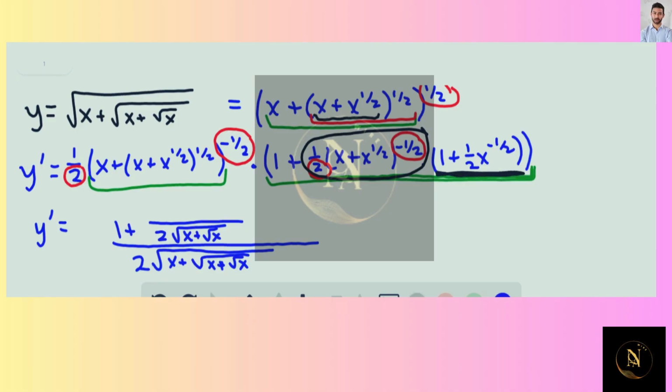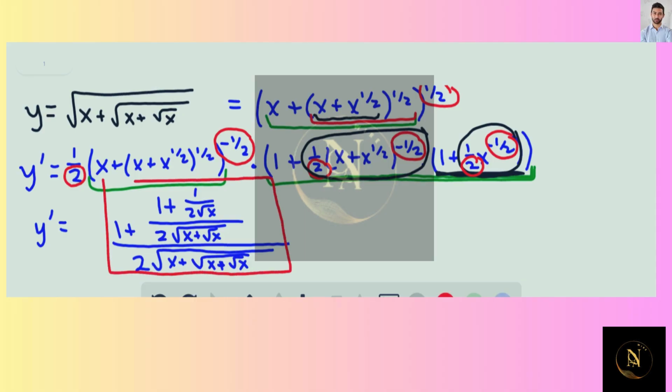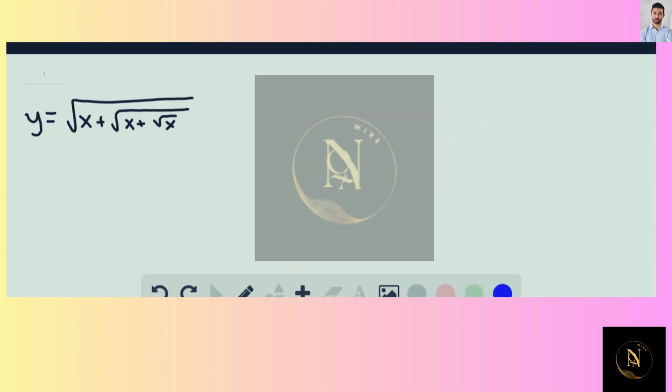And then this part will be in the numerator. So in the numerator, we have 1 plus, but now, deja vu, this part is going to have a 2 on the bottom, and because of the negative power, the square root is going to be on the bottom. So 1 over 2 square root x. So how is that for a tower of incredible numbers and algebra?